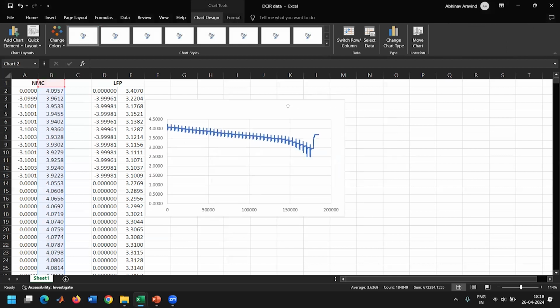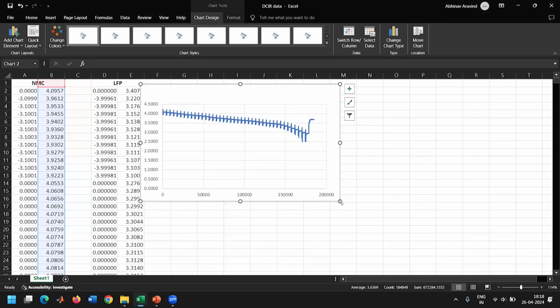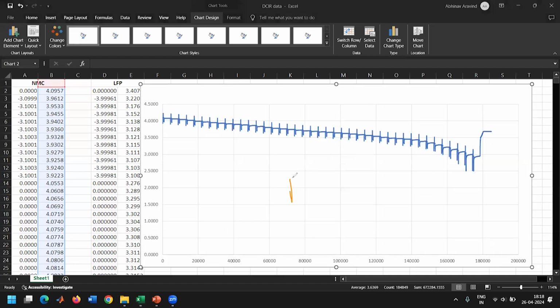So here you can see that your NMC cell has undergone DCIR testing. Okay, so this is a DCIR test, and as explained earlier, there will be a series of pulses. There will be a lot of pulses, like some 40 to 50 different pulses will be applied. And then throughout the entire SOC, or you can say throughout the entire voltage region of the cell, from 4.1 volts till almost 2.5 or 2.6 volts, the entire resistance of the cell will be measured.